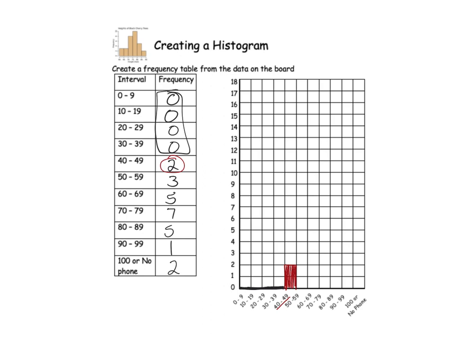And then the 50 to 59 would be our next one, and that was 3 high. Make sure that you're making your bars touch. And then the 60 to 69 would have 5 in there, so we go up to 5. I like to color them in. It's not a necessity, but it just makes you see the information a little bit nicer. And then the 70 to 79 was 7.